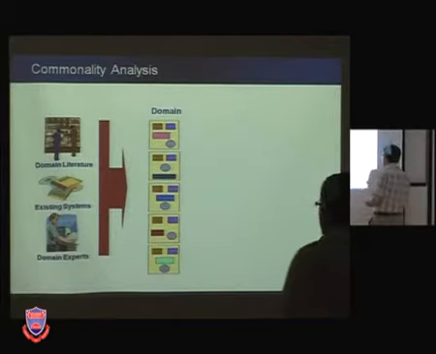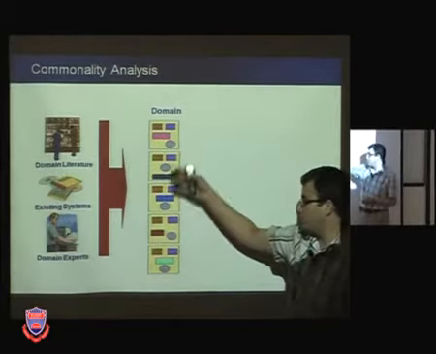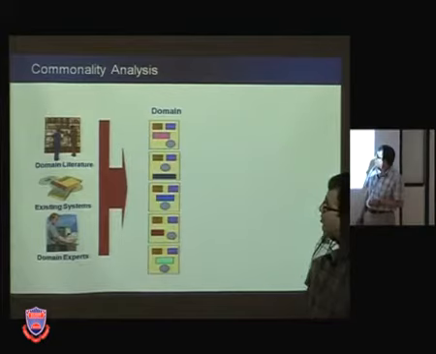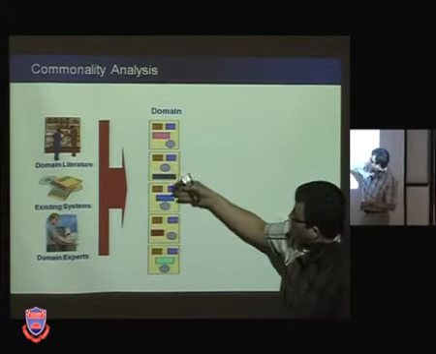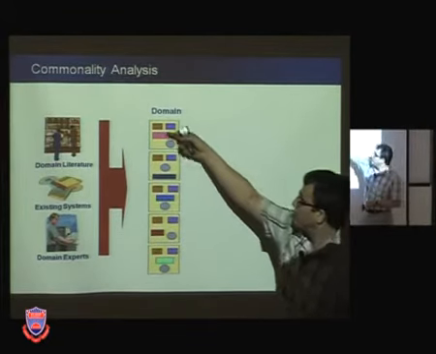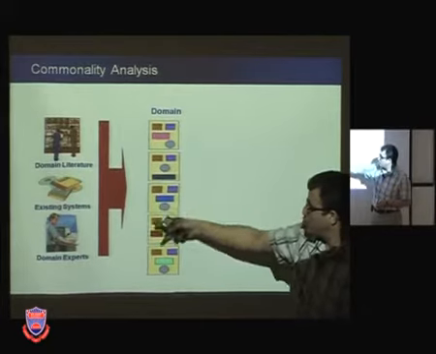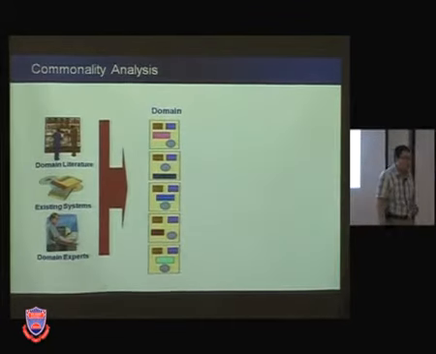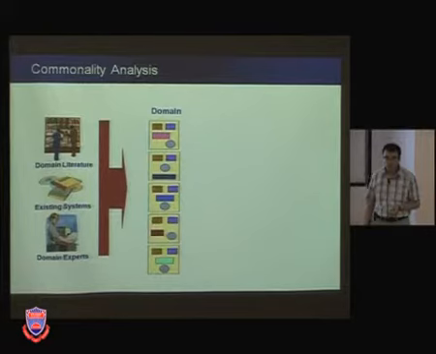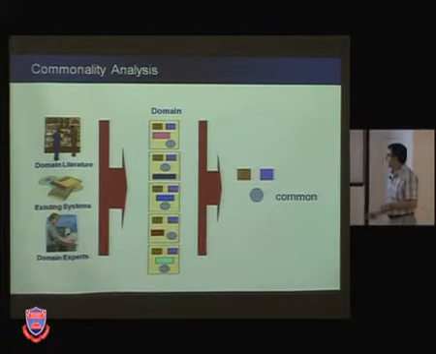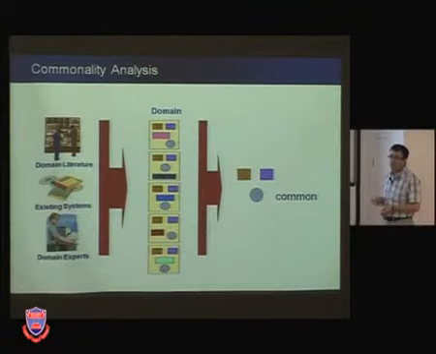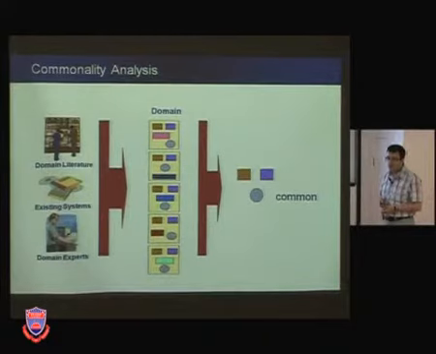For example, this could be a textbook, a domain expert textbook, etc. What is common here? This rectangle, right? It is common in each knowledge source. So we scan these, and then we get the commonality, the common concepts of these knowledge sources.